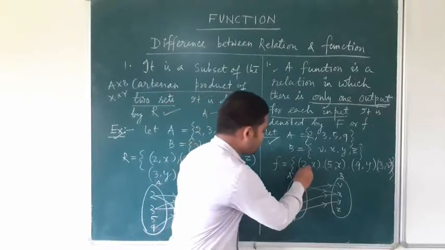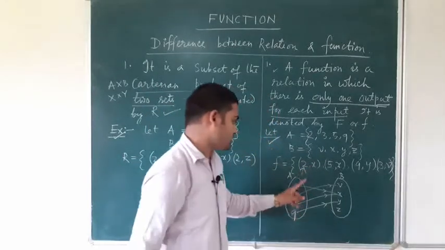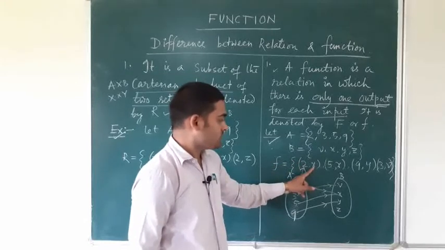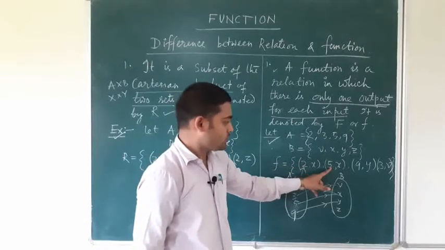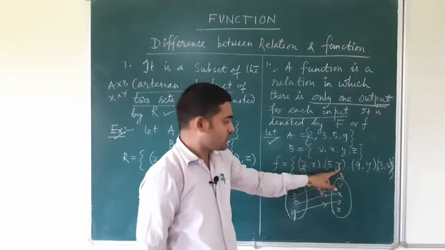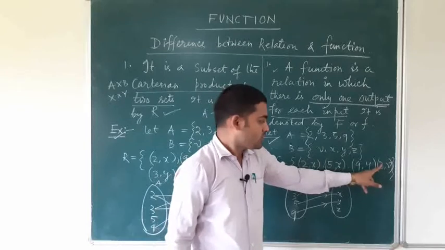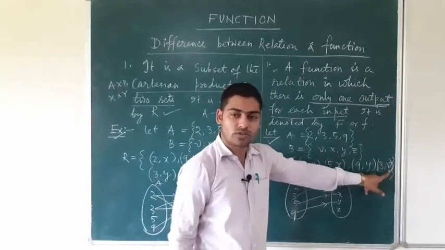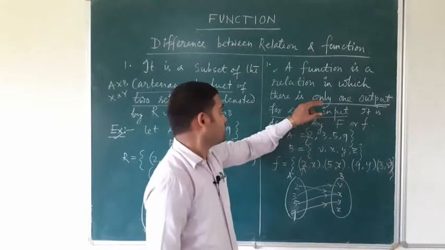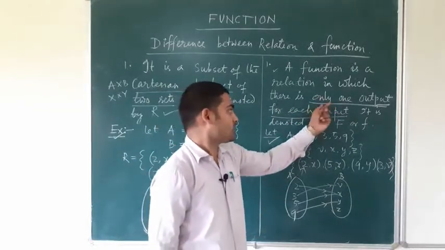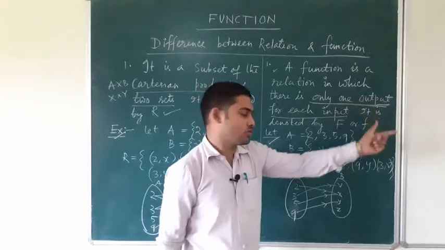Here input is the first coordinate: input 2, output X. Input 5, output X. Input 9, output Y. Input 3, output V. So for each input we are getting exactly one output.